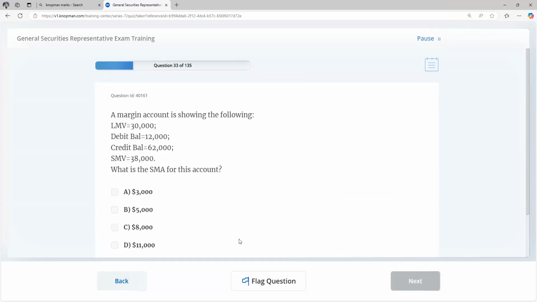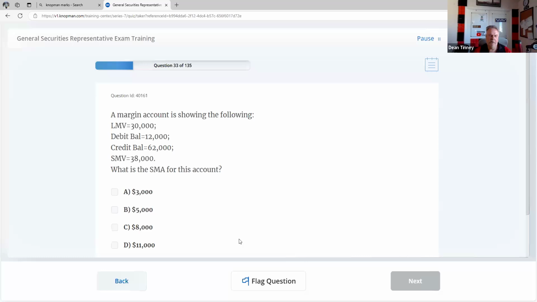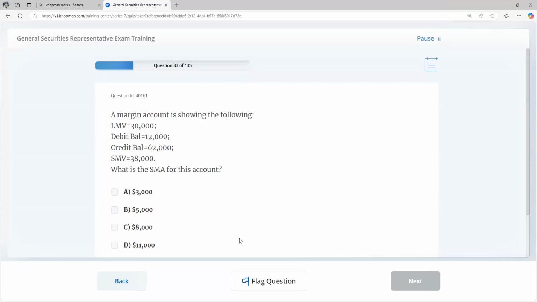A margin account is showing the following: long market value 30, debit 12, credit 62, SMA 38. All right, I'm going to start writing some stuff down. Okay, debit is 12,000.